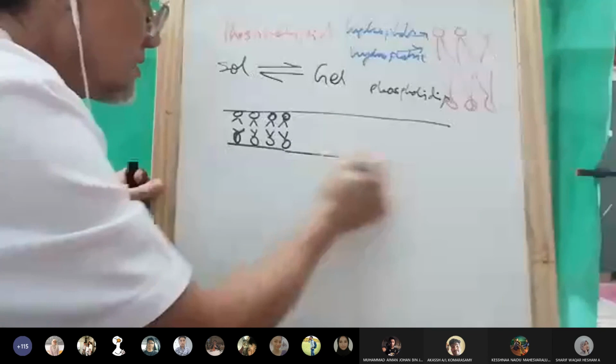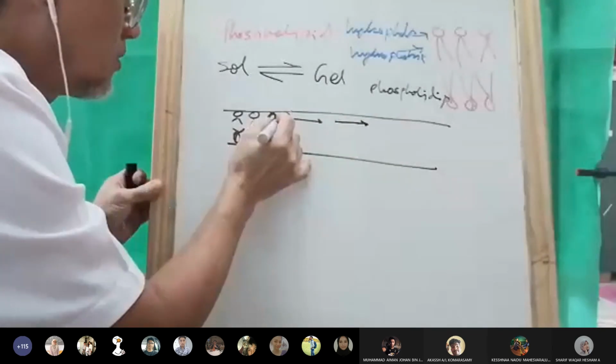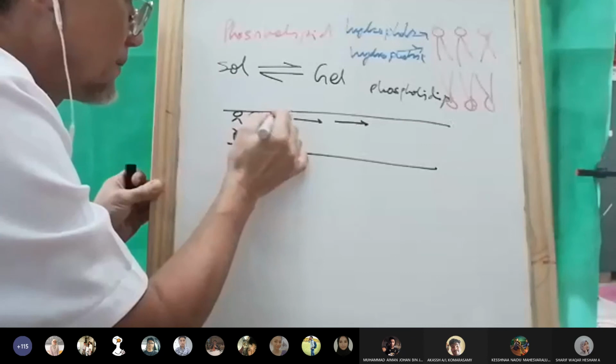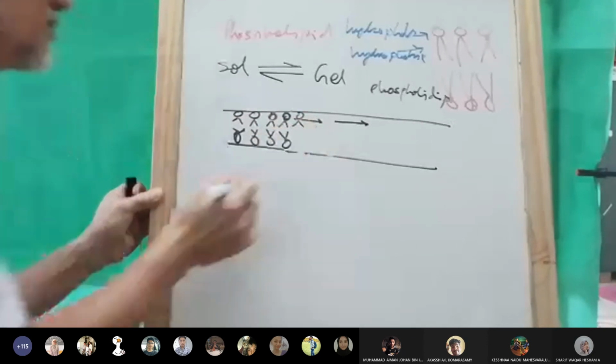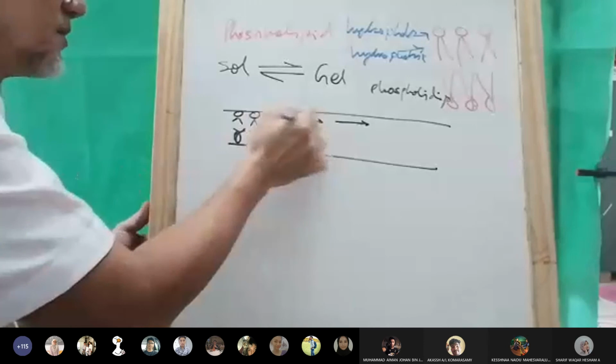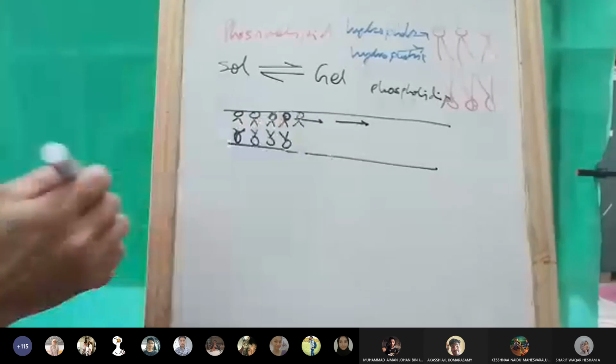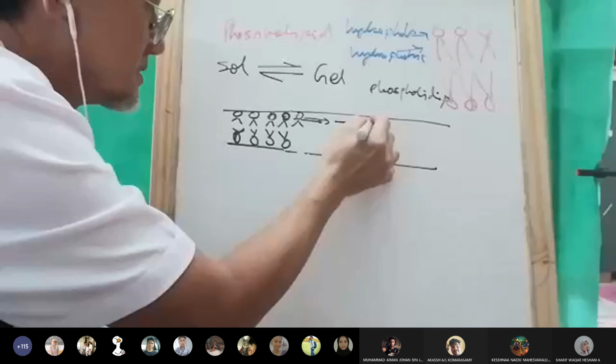It can actually move. But all these molecules are embraced by the neighboring lipid molecules, so they have difficulty moving.